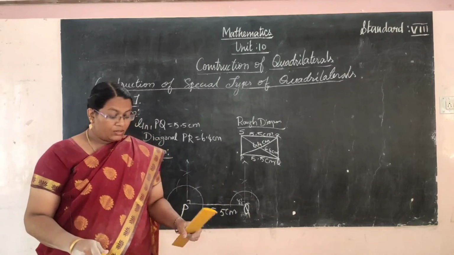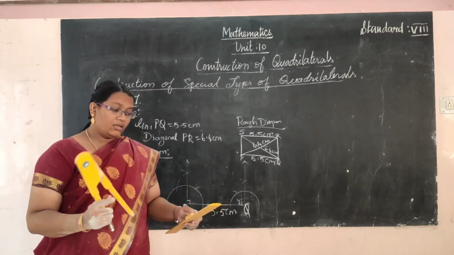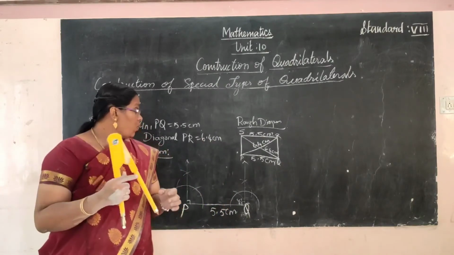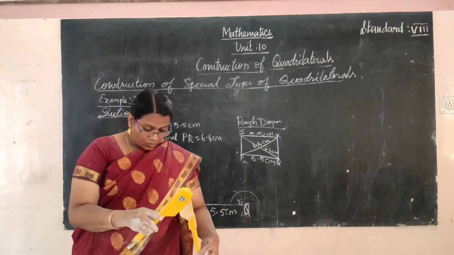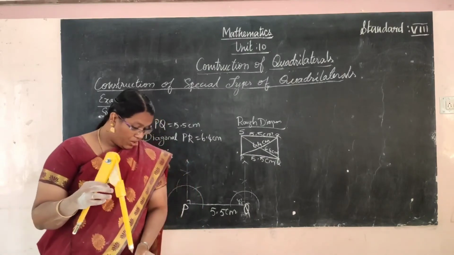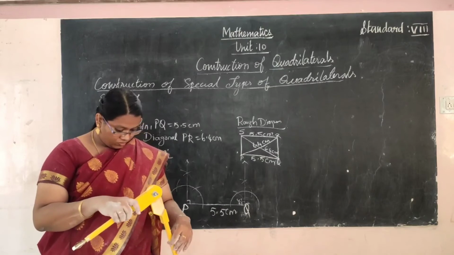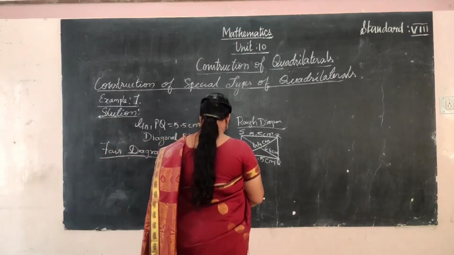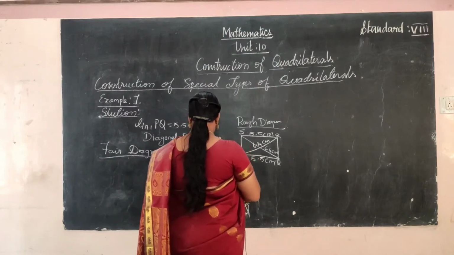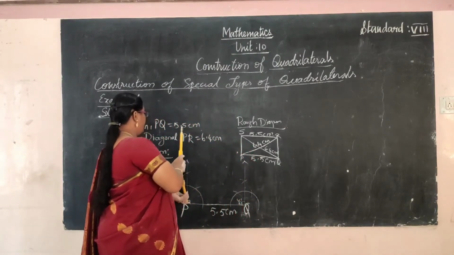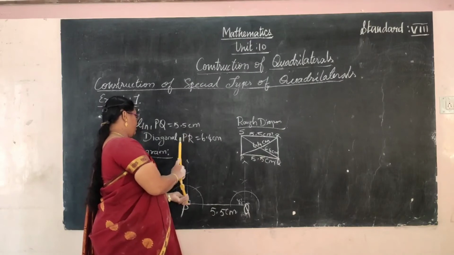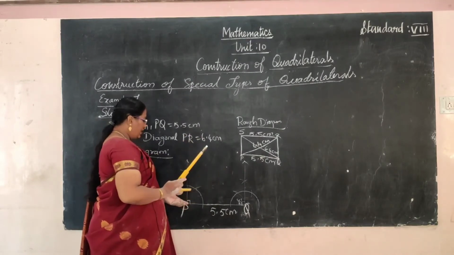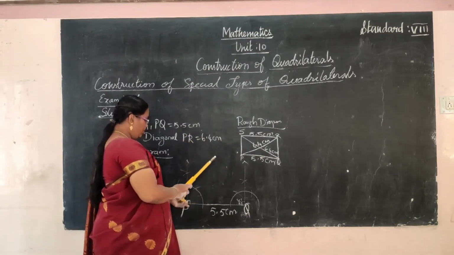Now you have to draw the diagonals. Take 6.4 centimeter using the compass, exactly 6.4.